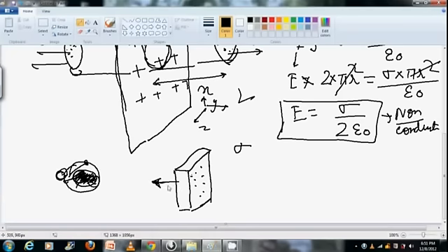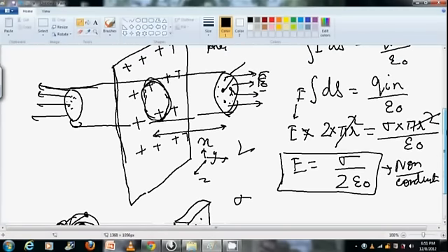Earlier, the Gaussian surface was modeled like this, where the field was coming out through both faces, because in this sheet, being non-conducting, the charge is distributed uniformly inside the sheet. There is no concept that inside the sheet there is no charge.